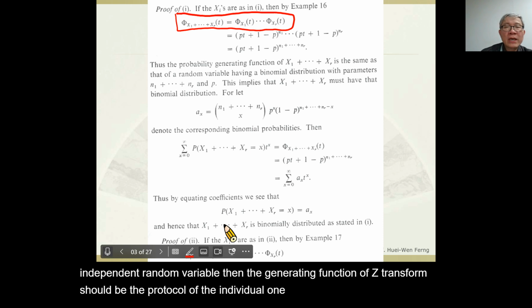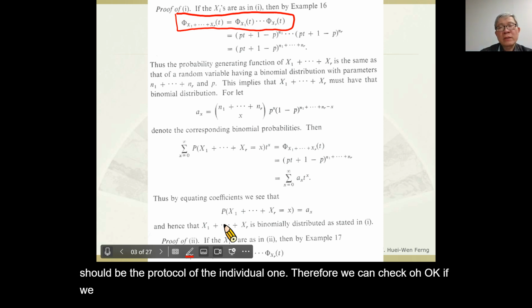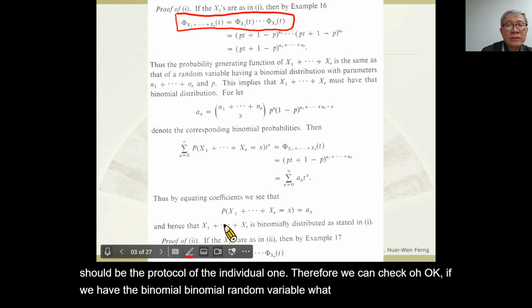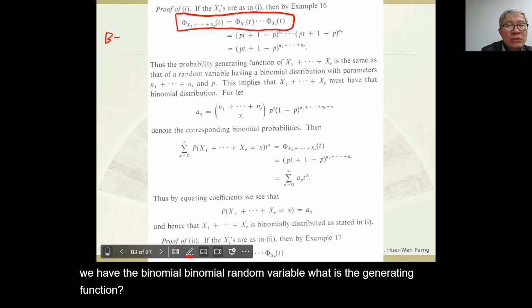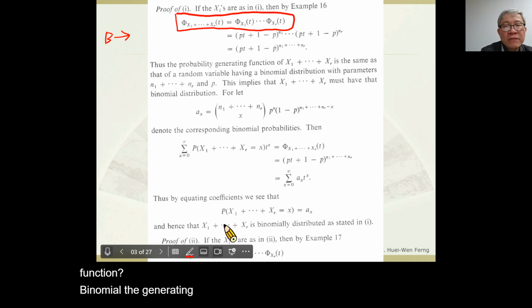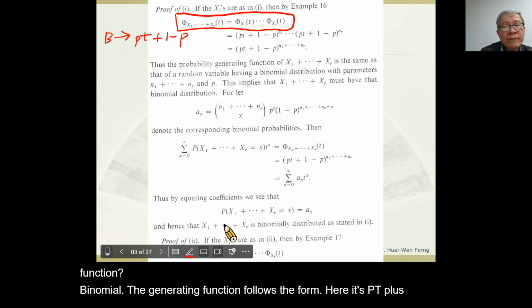Therefore, we can check, if we have a binomial random variable, what is the generating function? For the binomial, the generating function follows this form: pt plus 1 minus p, raised to the power n sub i.